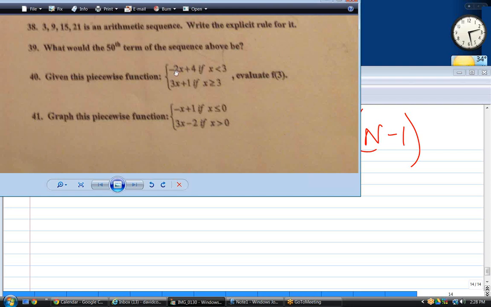These piecewise functions, where do I begin? With those ones on number 40 or 41? I'm going to start at the upper right. This tells me that everywhere from negative infinity to 0, this is my function.